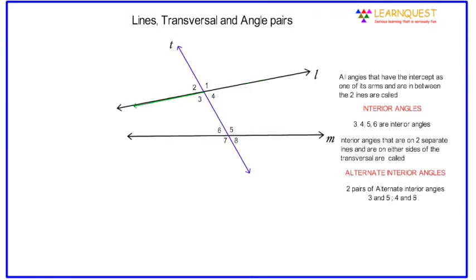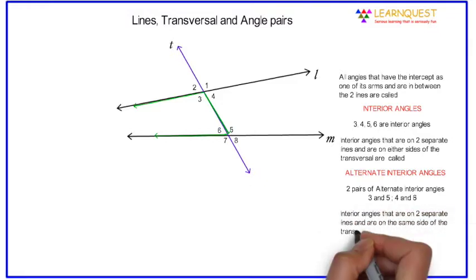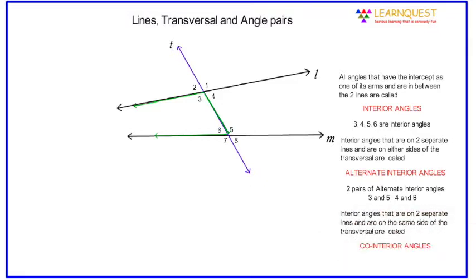Angles 3 and 6 are on the same side of the transversal but on two separate lines L and M. Such interior angles are called co-interior angles. They lie on separate lines but are on the same side of the transversal. In our figure, there is one more such pair. Can you find out which is that pair?